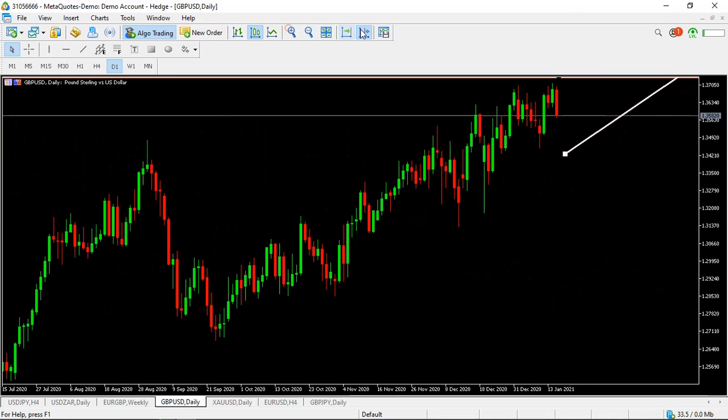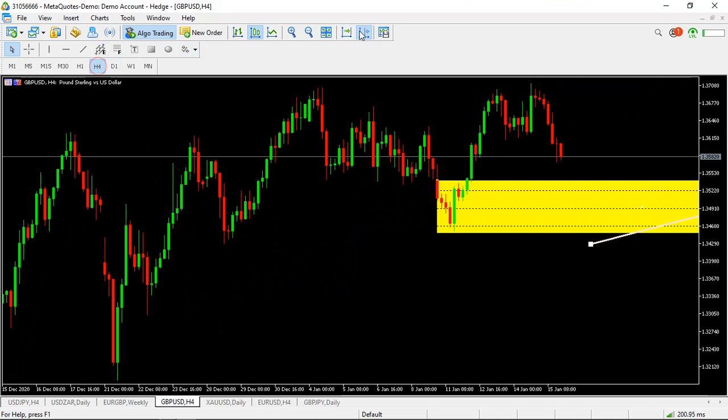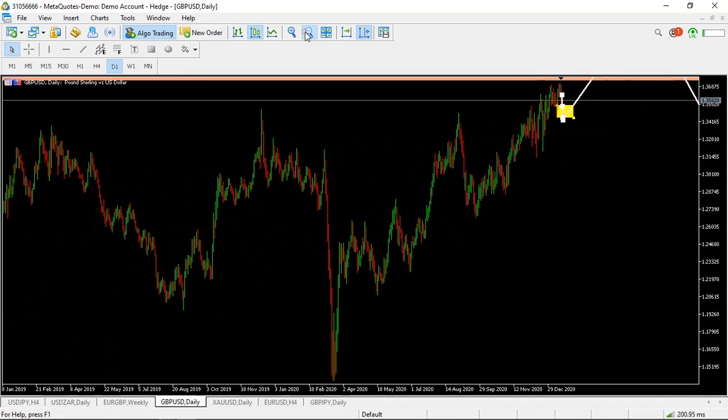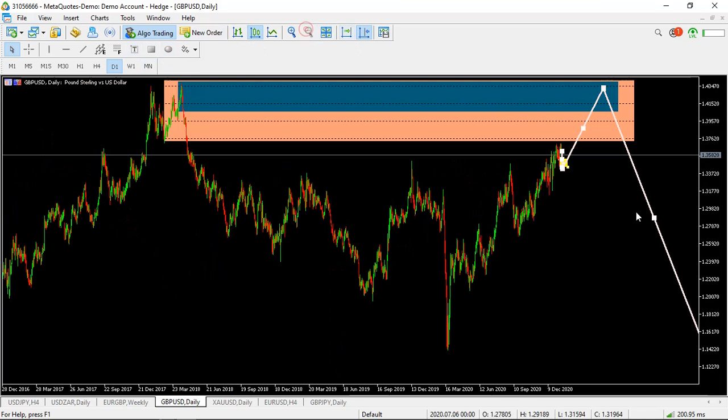Another thing I ask: if you see others selling, maybe GBP USD, and you want to jump in and sell as well, the problem is you don't know which strategy they use and how they trade. Maybe they trade daily support and resistance or are day traders. So as a supply and demand trader, you don't just enter; you look at the zones. In this case the market may come here, drop, and then rise. When it rises, maybe it wants to test the level of supply and then it drops.